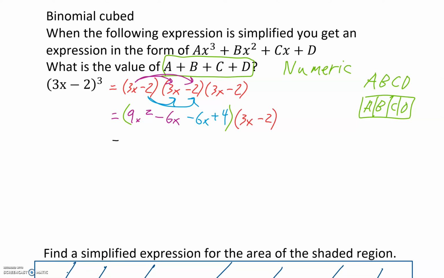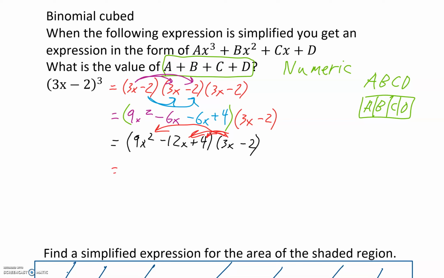Okay, now I'd like to just rewrite it out but combine like terms in order to keep my numbers a little bit easier to work with. Instead of having to multiply it into more than 3 places, which would be annoying. Okay, now we're going to multiply it in 3 times.